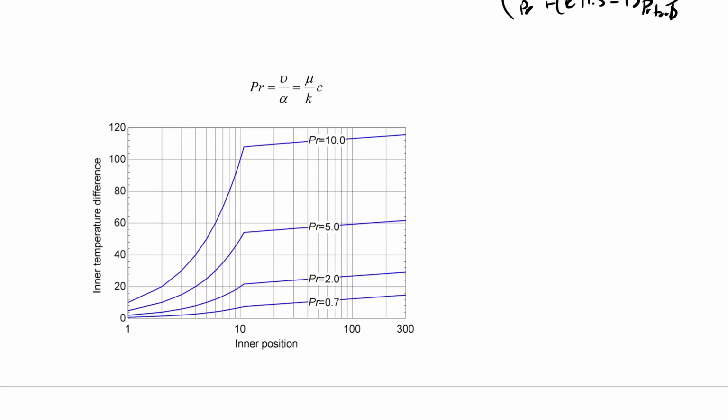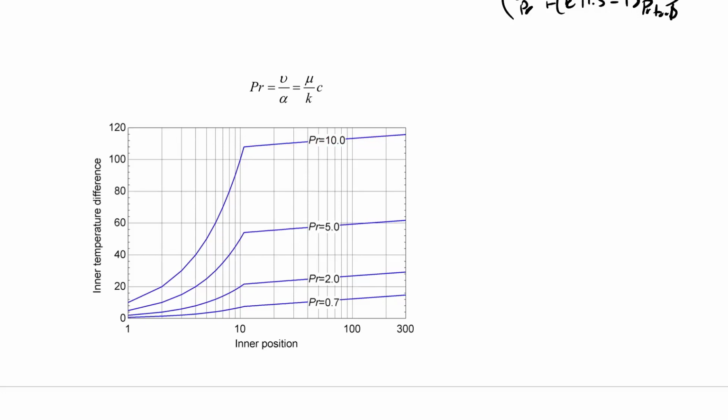As a function of position, we start with what looks like an exponential curve, but it is actually linear, because we're plotting in log-log. This is a linear temperature increase in proportion to the Prandtl number. And then once you get out into the region beyond 11.5, what looks linear is actually a logarithmic distribution in reality.